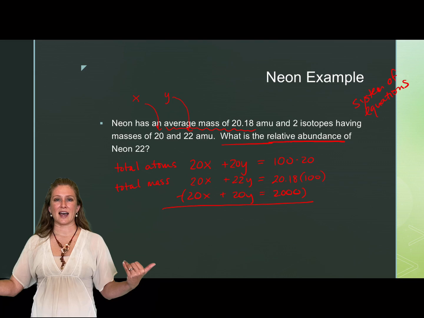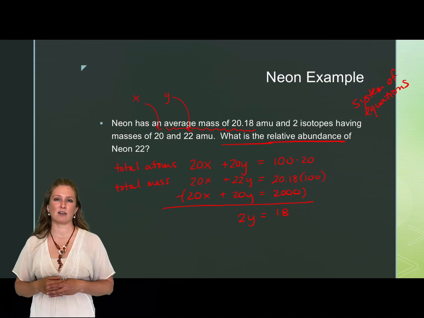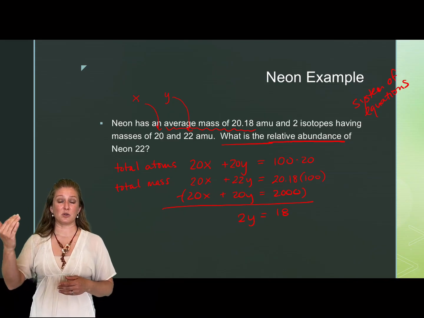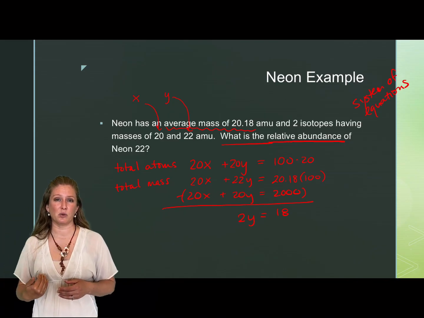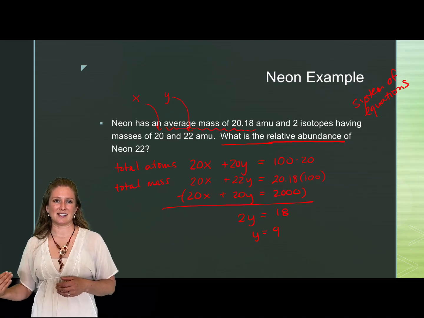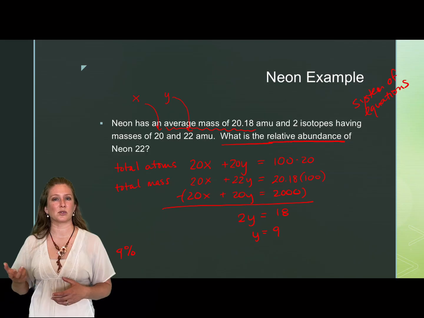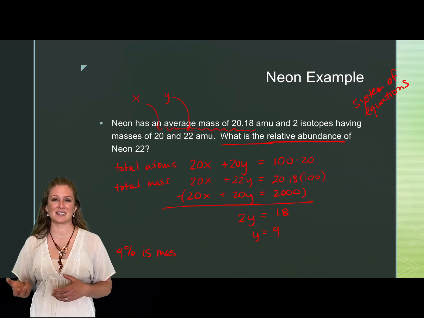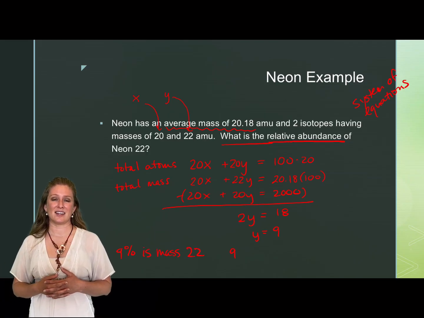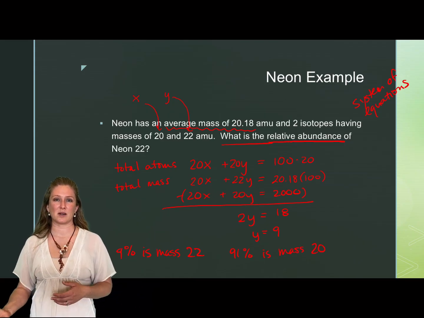We subtract that from the other equation, and that eliminates our x values, and now we just have y. 22y minus 20y is 2y. 2018 minus 2000 is 18, so we have 2y equals 18, which means y equals 9% of our neon has a mass of 22, and that leaves 91% of neon having a mass of 20.